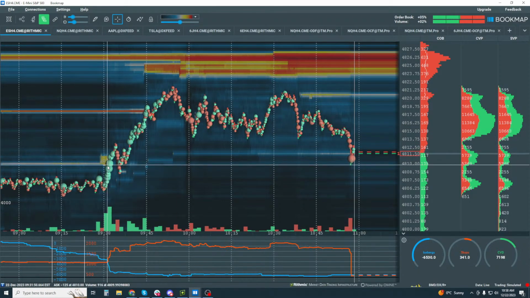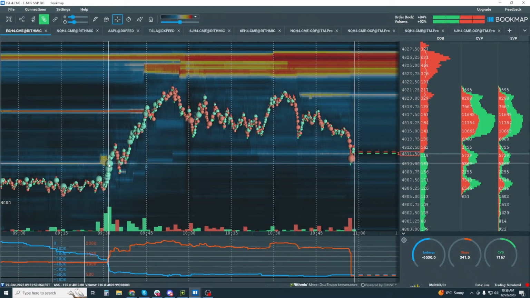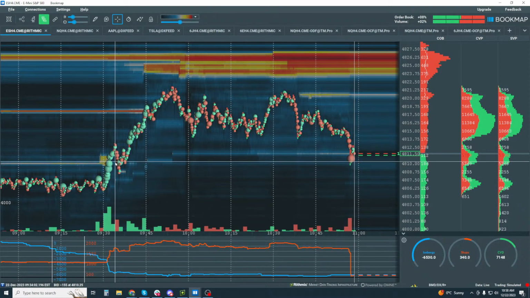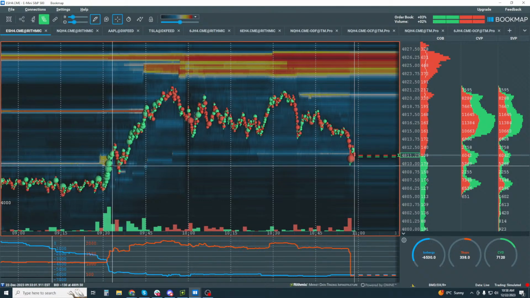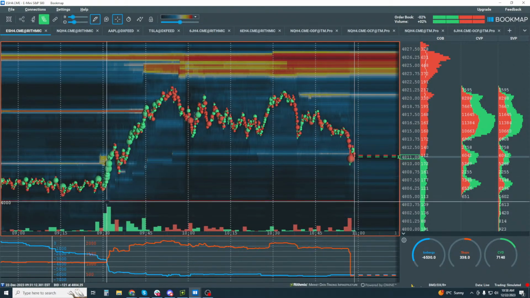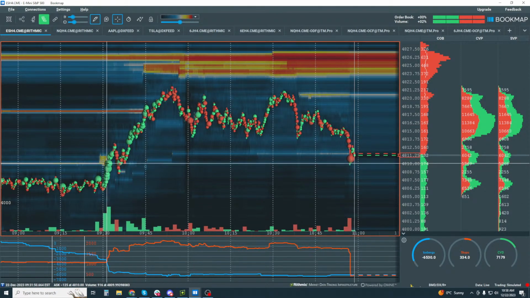There was actually a lot of iceberg selling in here. Now this is interesting because note how we just traded to that area here. There are many different ways to look at icebergs and get unique information from them.